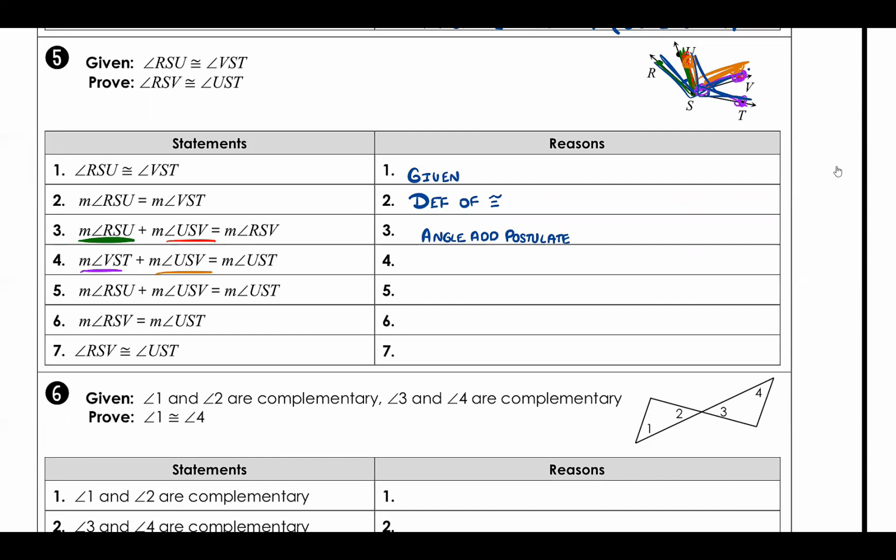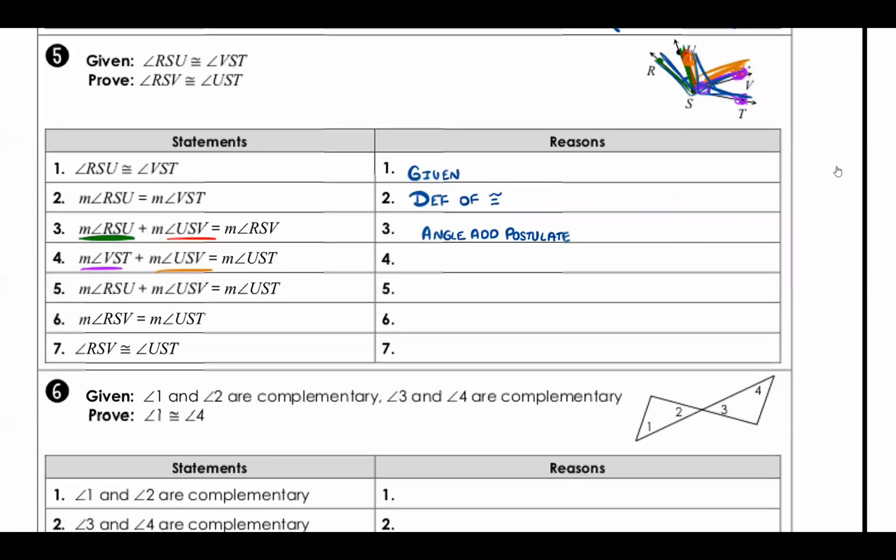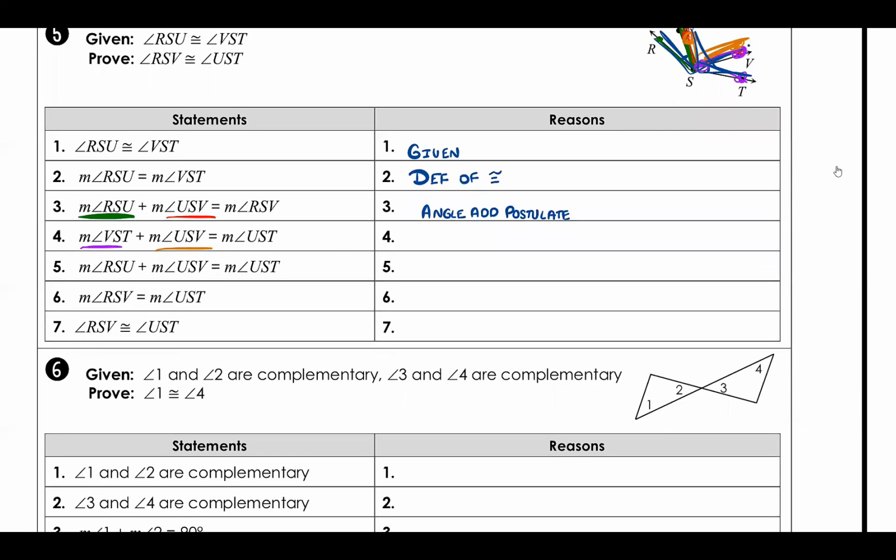It would also be the angle addition postulate. Two smaller angles come together to form a larger one. RSU plus USV equals UST.